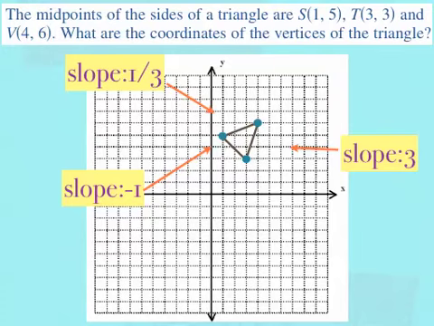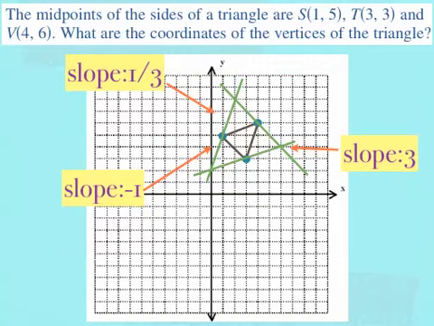When we know the slope of the midsegments, I can use the midpoints that they've given me, and count the same slope as the midsegment that is opposite the point. So for this point, I'm going to count the slope of 3 and draw a line. For this one, I'm going to count a slope of -1 and draw a line. And for the last one, I'm going to count a slope of 1/3 and draw a line.